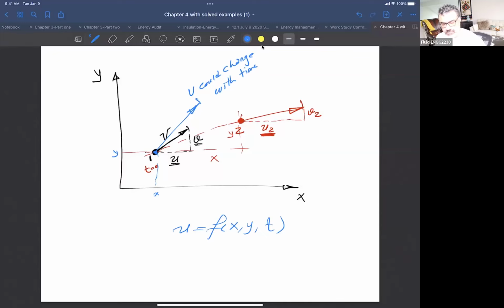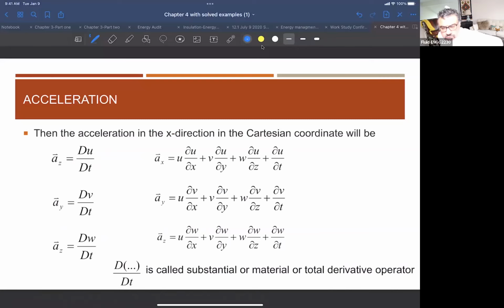So total derivative, I hope you recall this when we talked about total versus partial derivative. Because we said acceleration is the second derivative of the position, which is the first derivative of the velocity, right?